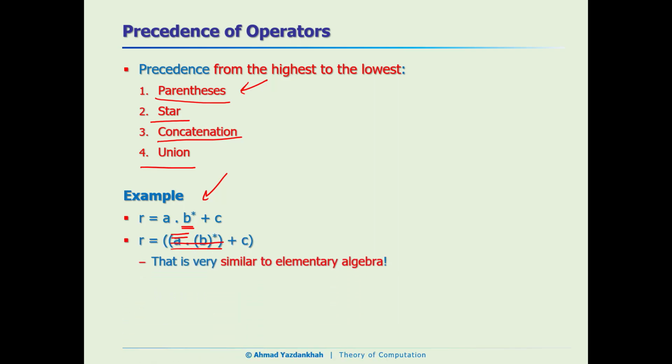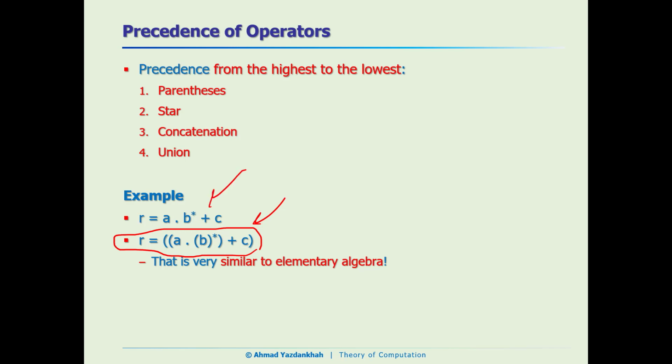By defining these precedences, we prevent unnecessarily complicated expressions, right? As you see, this is very similar to elementary algebra, and fortunately we have a feeling for that, so we won't have any problem interpreting the precedences of the regexes.